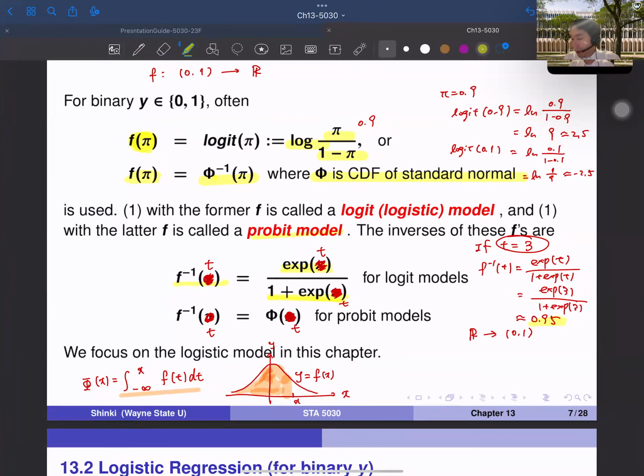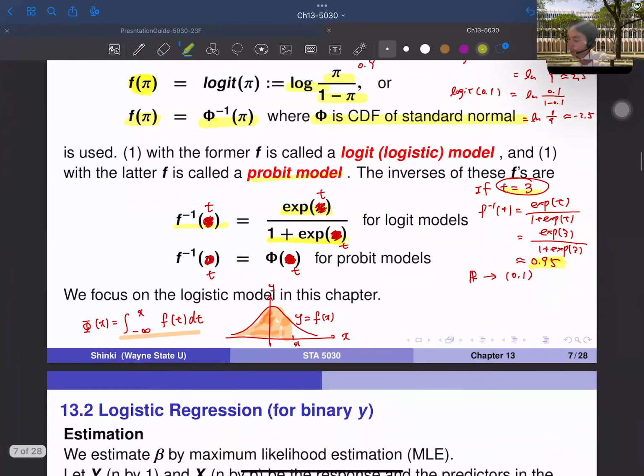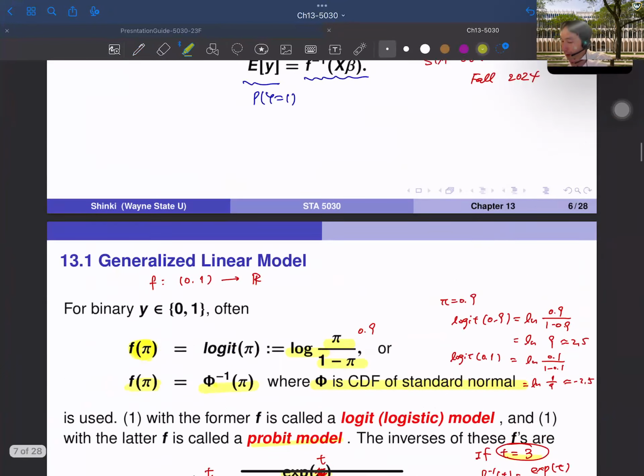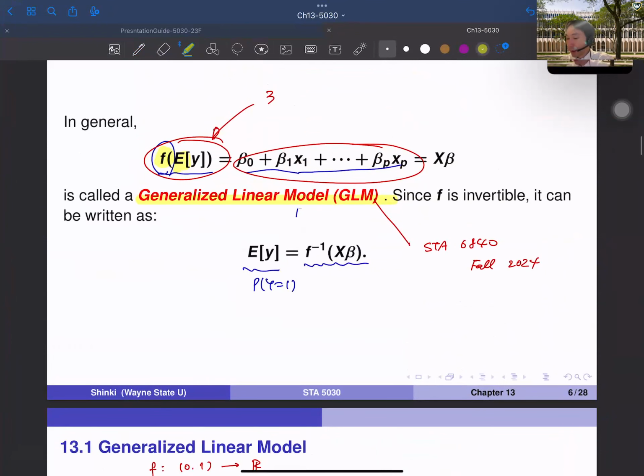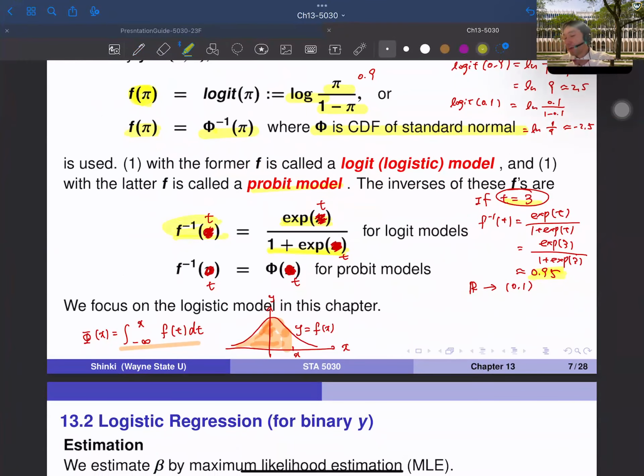Today's quiz asks to transform this fitted value into a probability. So again, in this model the left-hand side is on a continuous scale, but if we want to transform it into a probability, then you have to use this inverse f, the inverse logit function in the case of logistic regression.